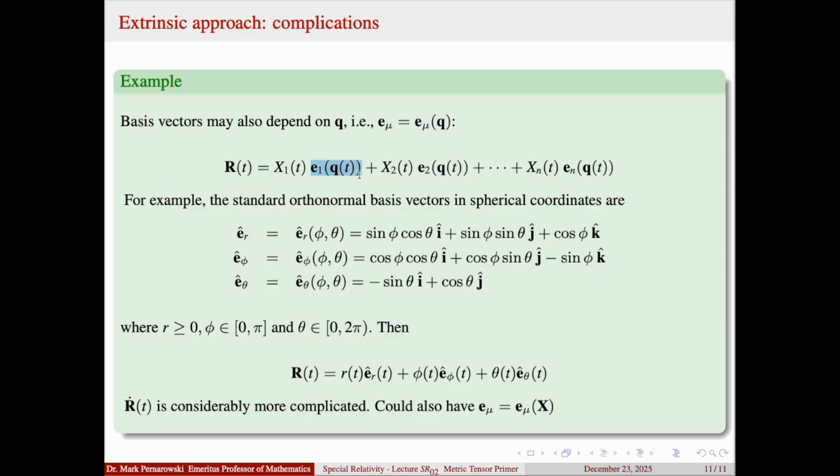So there's going to be a whole bunch more terms when I take the derivative of this, and a whole bunch more terms when I take the dot product of r with itself. That gets to be very complicated, but it's necessary when you talk about things like acceleration in special relativity.